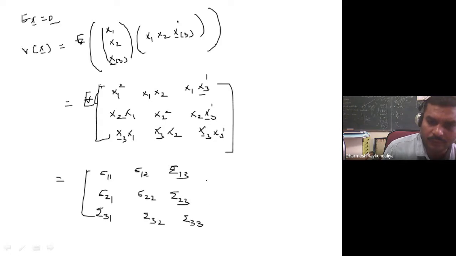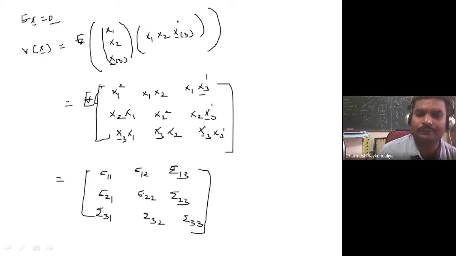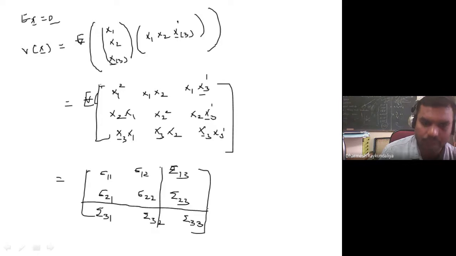So capital sigma is used when it is simply an expectation between two vectors or one variable and another vector. And sigma 1 1, sigma 1 2, sigma 2 1, sigma 2 2 are purely scalars. Now you are partitioning the matrices in this part.